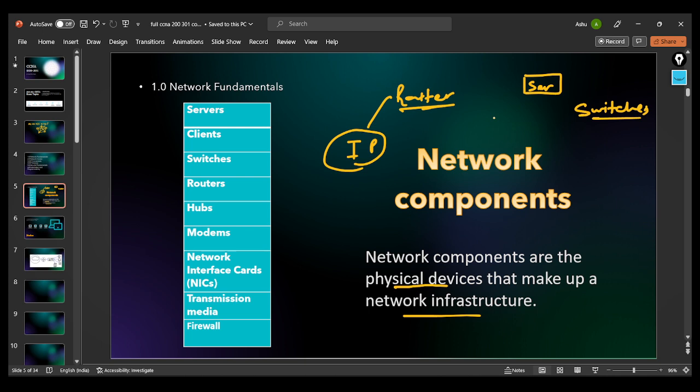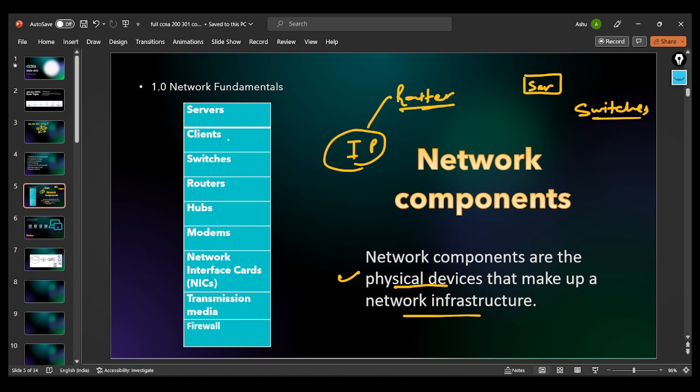Then you will be able to understand what network components are. Everything we look at comes under network components. Every physical device that makes up a network infrastructure counts.